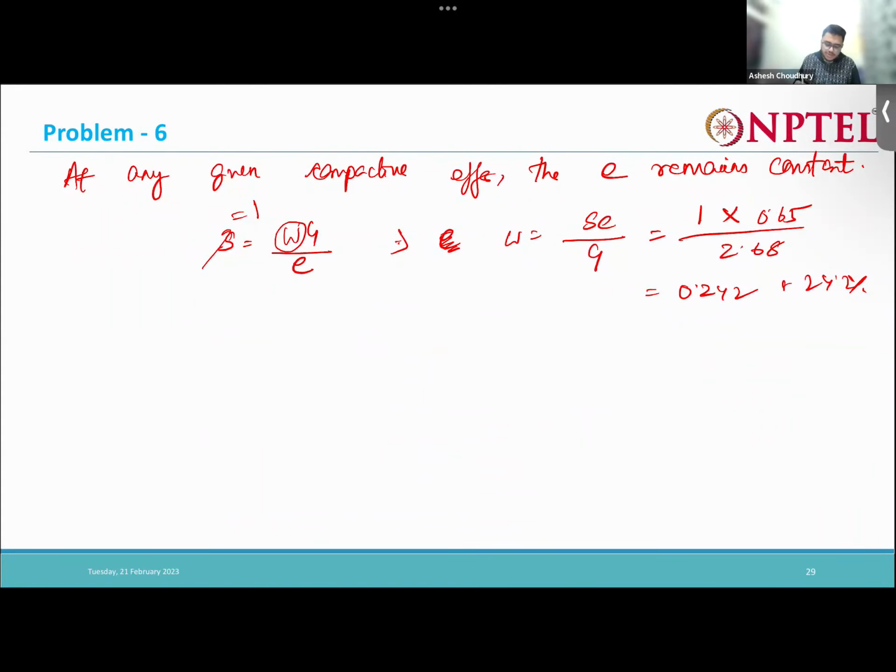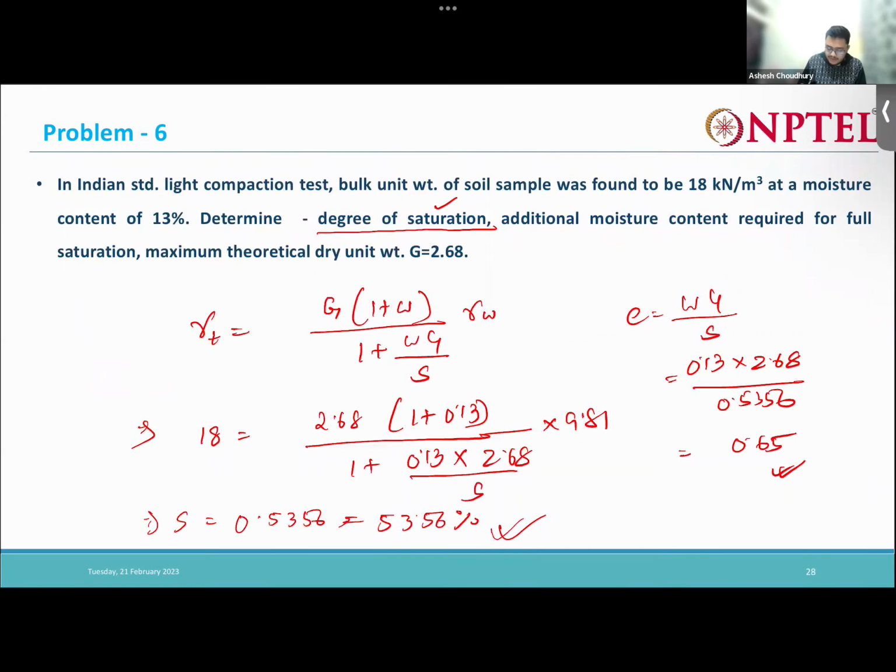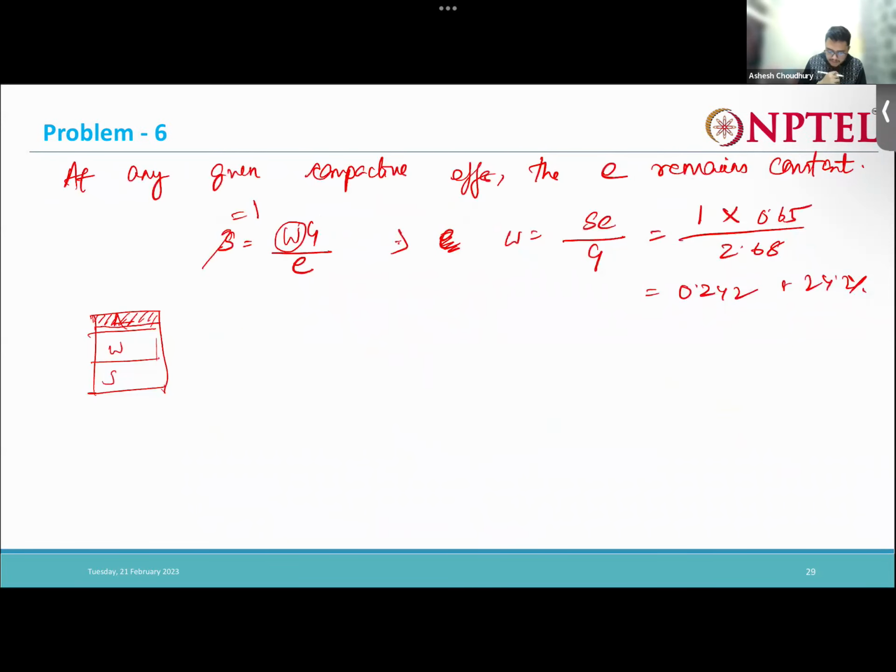Here is soil and water. Initially you compacted and reduced the volume, and some air was eliminated. In this state, there is 53.56% saturation.